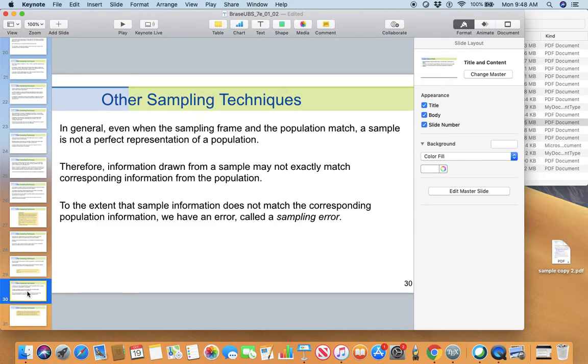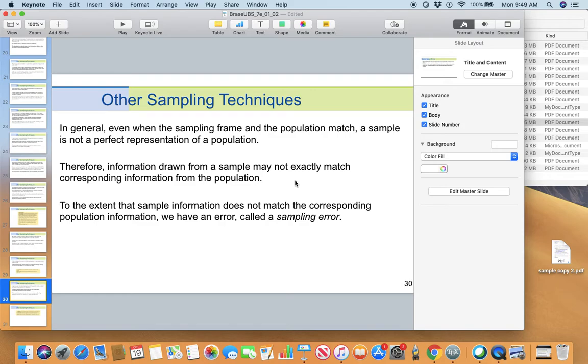In general, even when the sampling frame and the population match, a sample is not a perfect representation of a population. Therefore, information drawn from a sample may not exactly match corresponding information from the population. This is very important, guys. Say you wanted to study people's height in New York City, and then you simply selected certain people in your neighborhood.